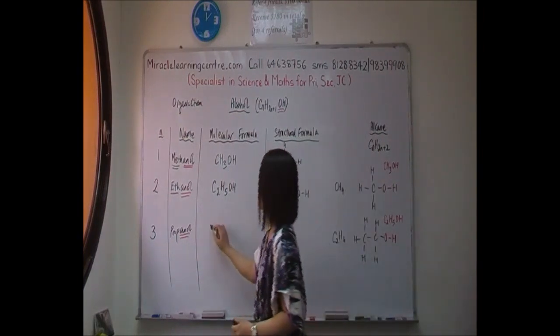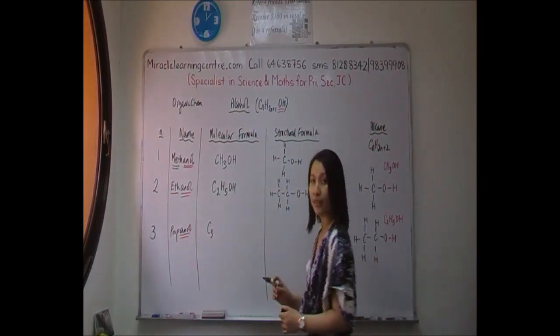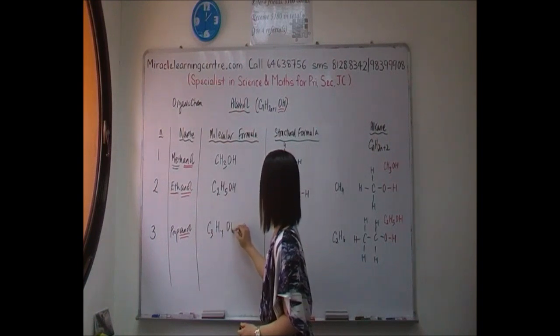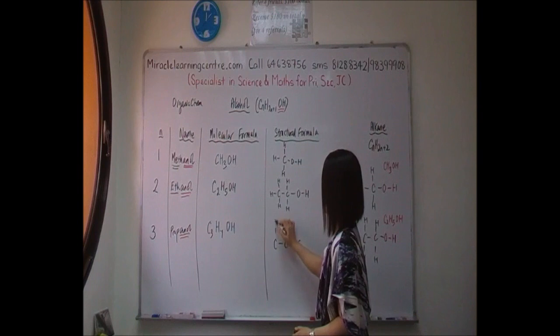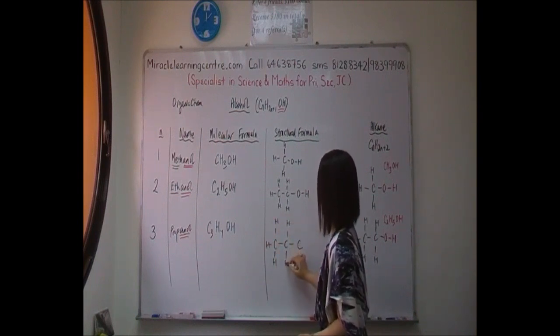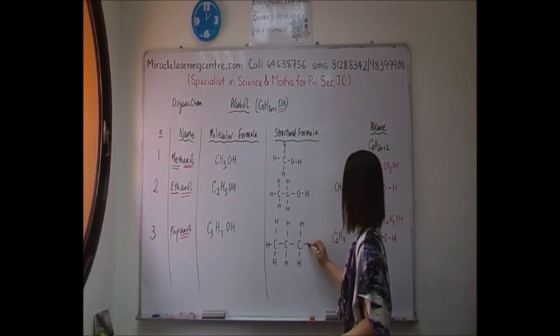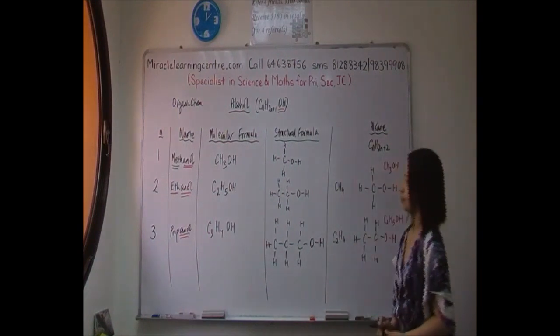Propanol, C3, 2n+1. 3 times 2 is 6. 6 plus 1 is 7. C3H7OH. So you're going to draw 3 carbon attached to a hydrogen each. And the last hydrogen you're going to replace with an O and a H.